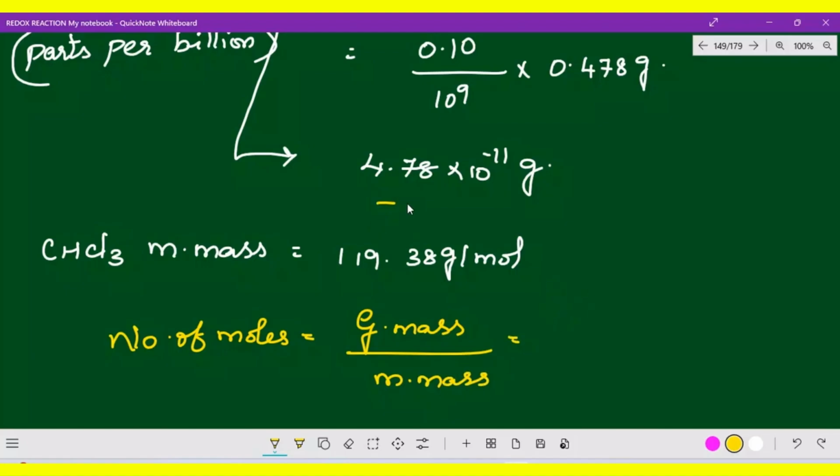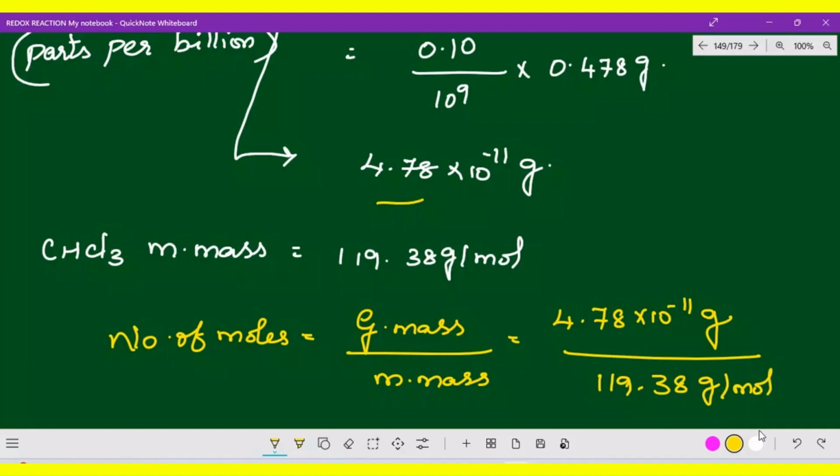Given mass is the mass of chloroform, that is 4.78 into 10 to the power of minus 11 gram divided by molar mass 119.38 gram per mole. Now gram and gram will be cancelled.